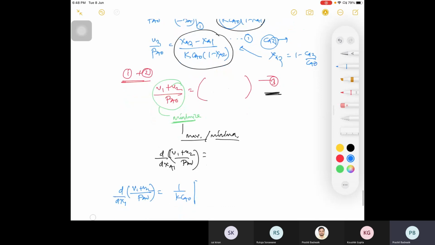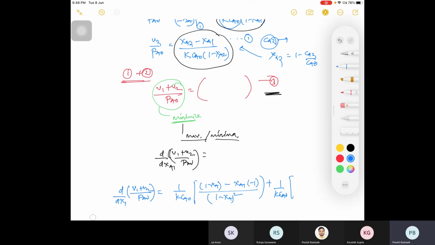Okay, so it is your denominator into d/dx of numerator, that is 1, minus numerator into d/dx of denominator, divided by denominator whole square, 1 minus XA1 whole square. And in the second case I'll write 1 upon k CA naught (XA2 minus XA1).